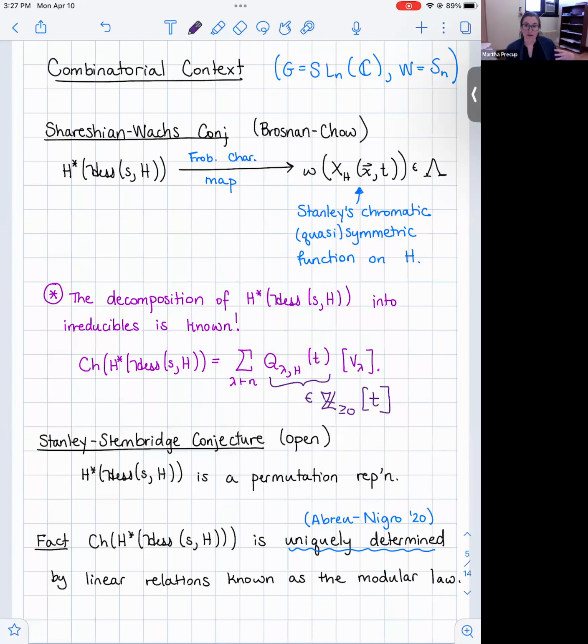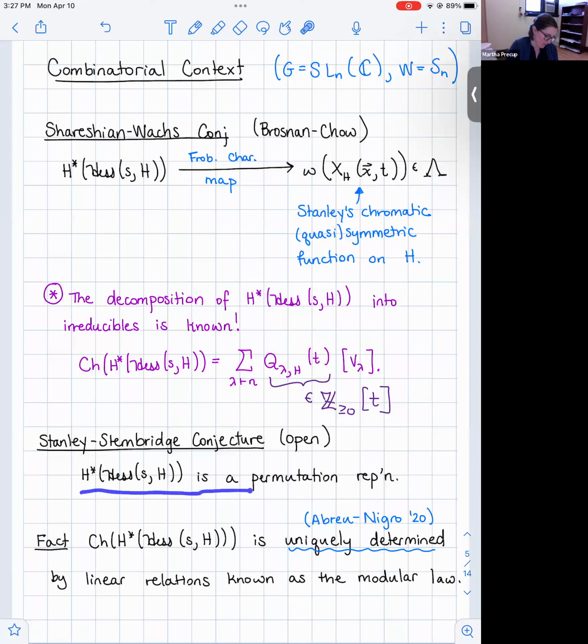On the other hand, there are other questions about this representation, which translate to questions about these chromatic quasi-symmetric functions that are still wide open. And this has also motivated a lot of research in combinatorics, especially algebraic combinatorics and symmetric functions, over the past 10 years. So there's an open conjecture due to Stanley and Stembridge.